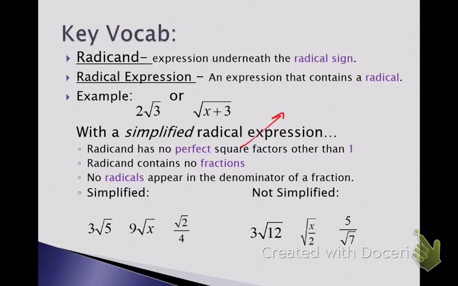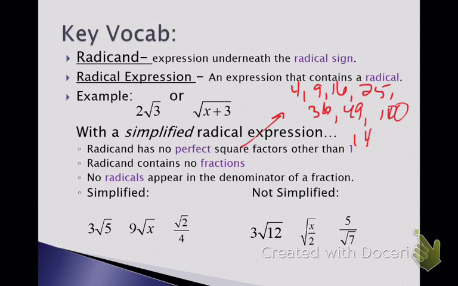Well, perfect squares are numbers like 4, 9, 16, 25, 36, 49, 100, 144. Right, and I skipped a few there, but they're basically any number that you can take the square root of and get a whole number in return, right? So a radicand can have none of those factors in order to be simplified, none of them.